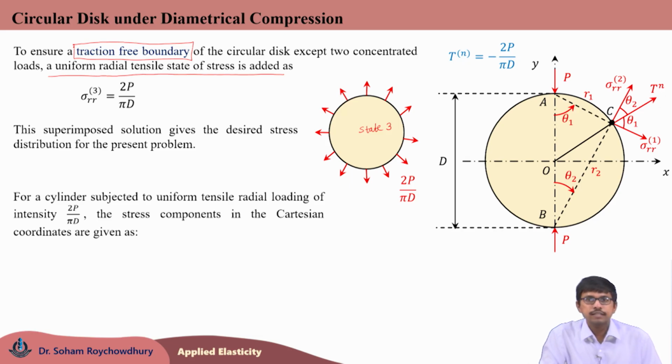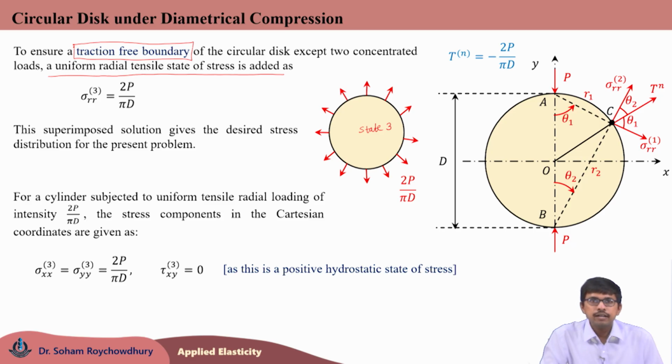Now, for this third case, state 3, cylinder subjected to uniform tensile radial loading with sigma RR3 to be 2p by pi d and with sigma theta theta and tau r theta to be 0.